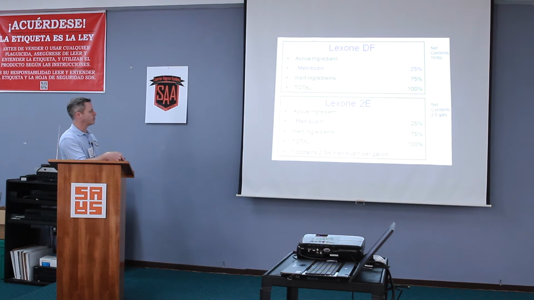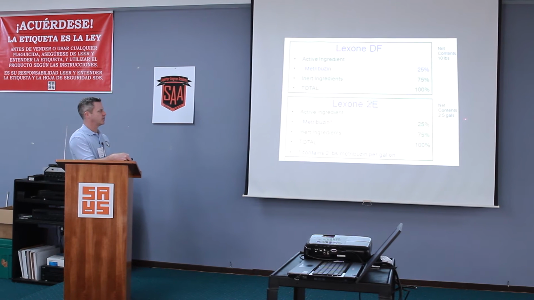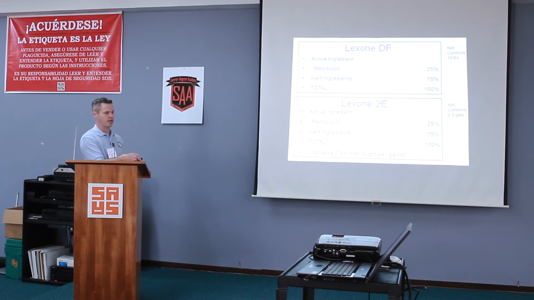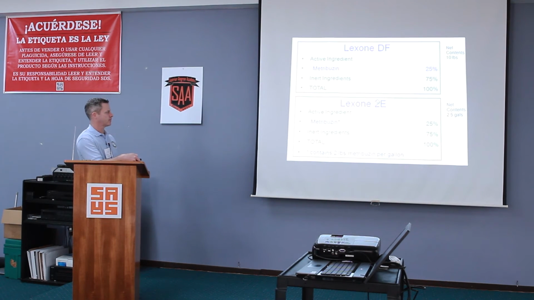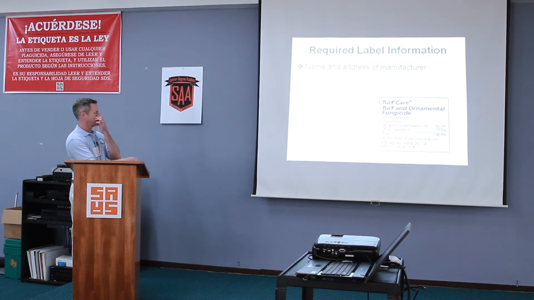But now down here we've got this product. It's 25% also. It contains 2 pounds per gallon. But the net contents of the container is 2.5 gallons. So here we would multiply 2 by 2.5, and it would be 5 pounds in that container.